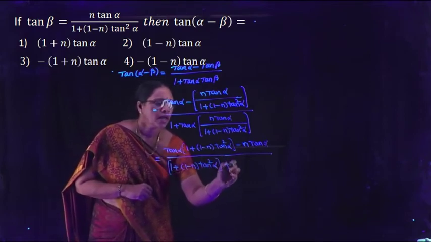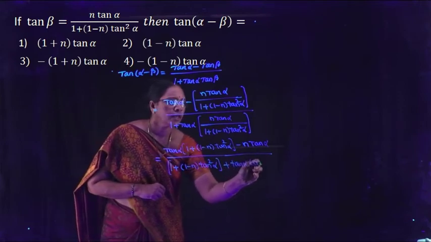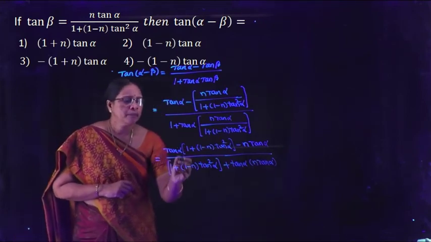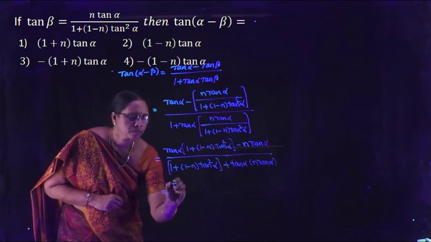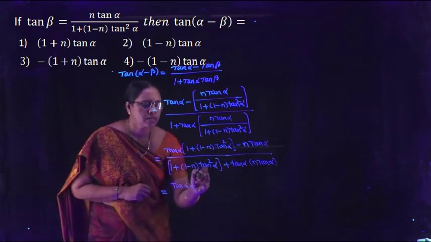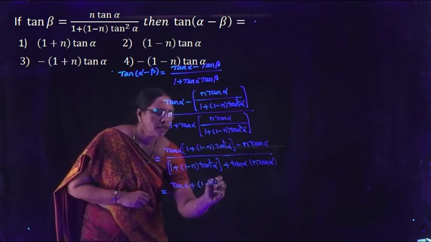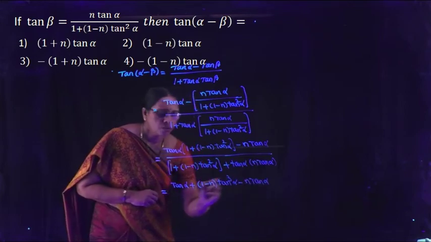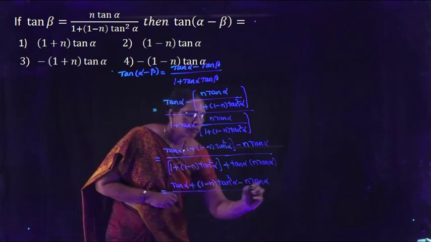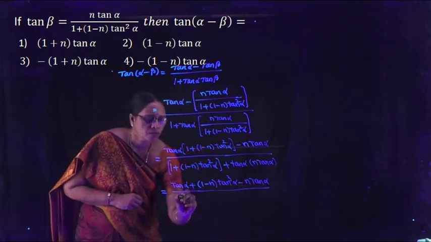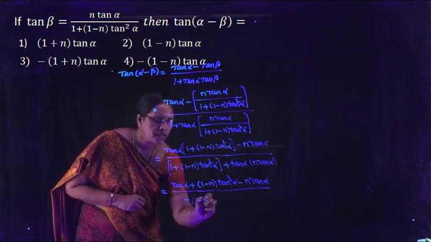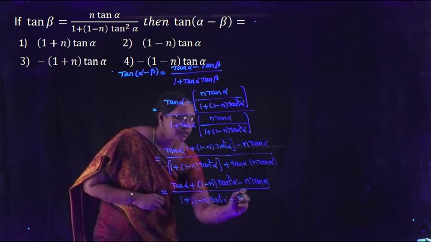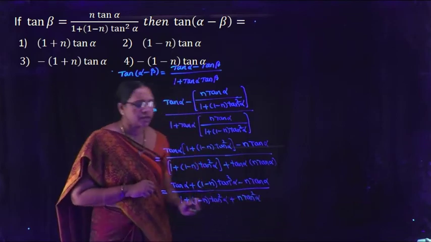plus tan α into n tan α. By multiplying tan α, we get tan α + (1 − n) tan³ α − n tan α, whole divided by 1 + (1 − n) tan² α + n tan² α.